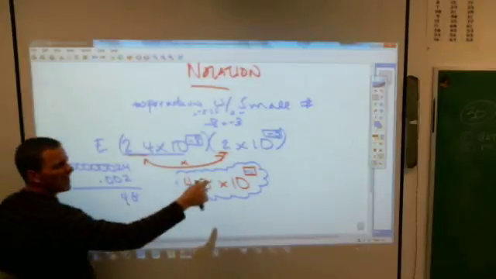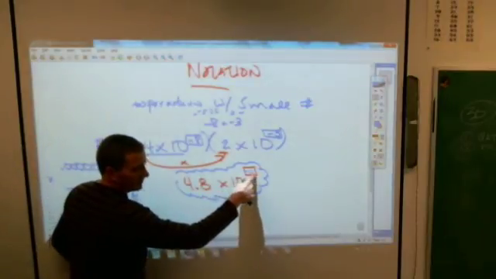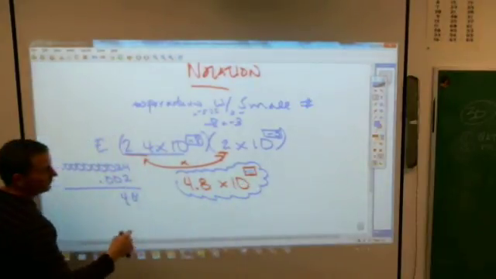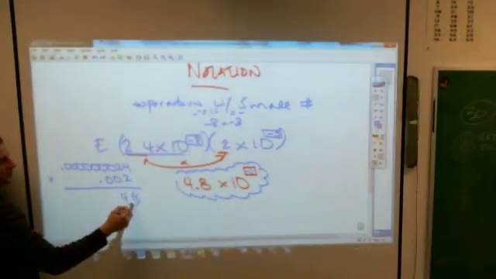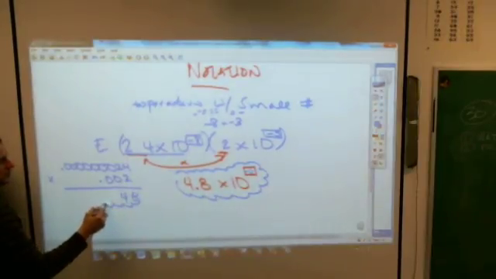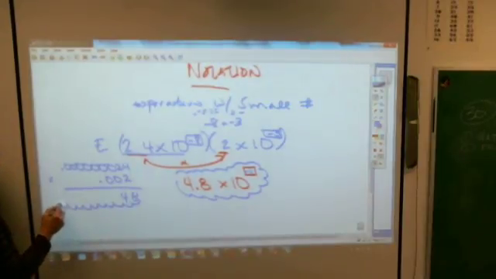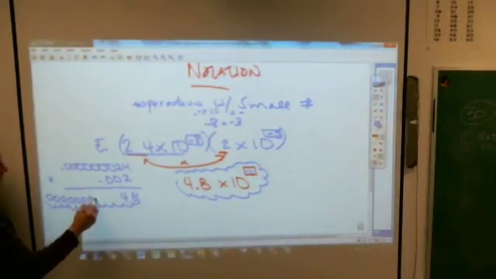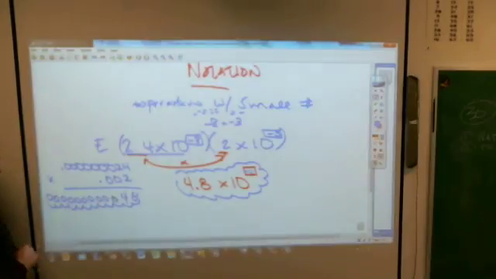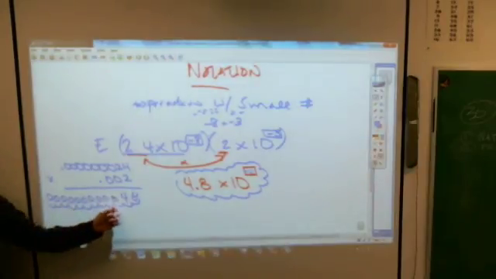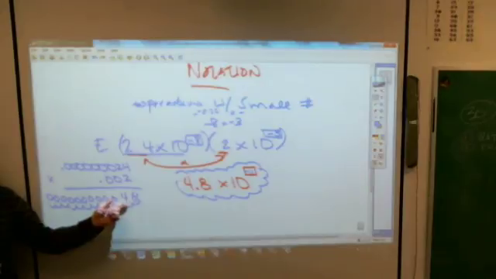Okay, but you said I might get a negative 11 there. Well, 12 places means I go 1, 2, 3, 4, 5, 6, 7, 8, 9, 10, 11, 12. The decimal goes there. How many zeros do I have there? I think 10. If I'm changing this number back into scientific notation, where do I have to put the decimal, Amelia?